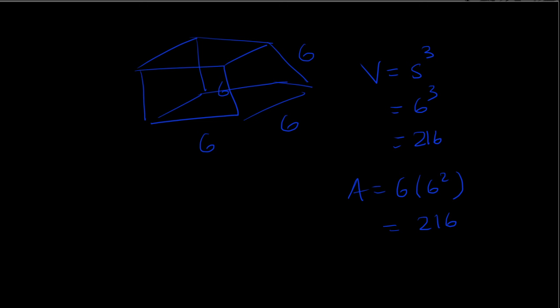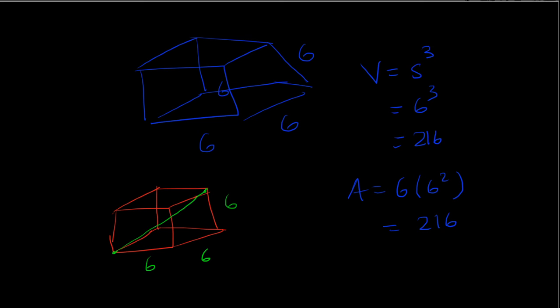The diagonal is a bit tricky. So what we're going to do, let me just redraw this. We're going to connect the bottom corner here with the top corner. That's going to be the diagonal that we're looking for. So the way to do that is to look at this diagonal.